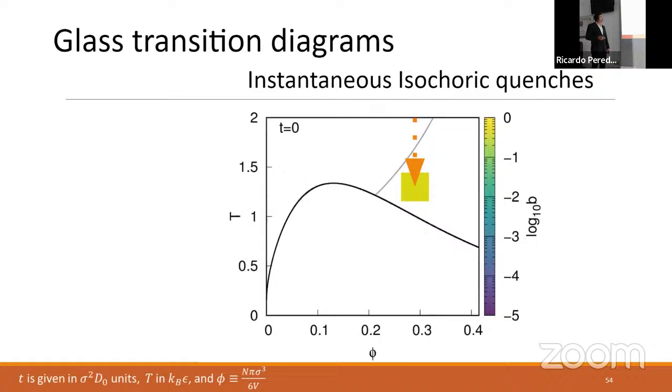So we will be following this quantity, and we will be doing it with a color scheme in which we will represent the mobility. Clear colors are more fluid-like systems with very high mobility values, while darker colors towards purple will be considered as less mobile states of the system.